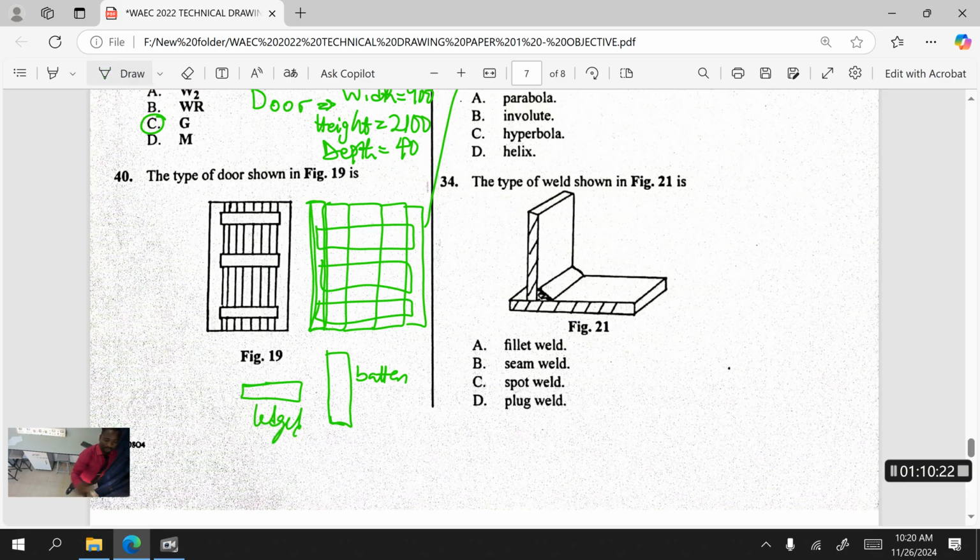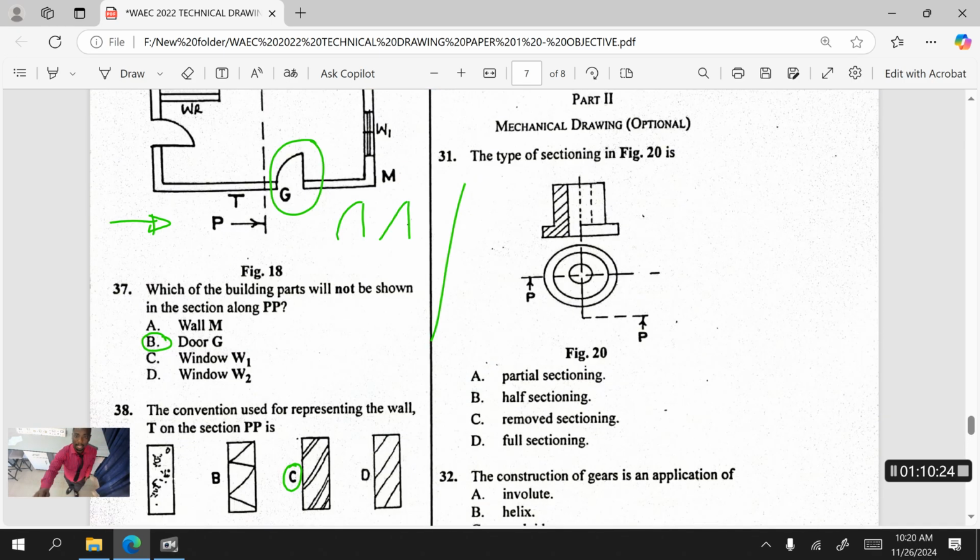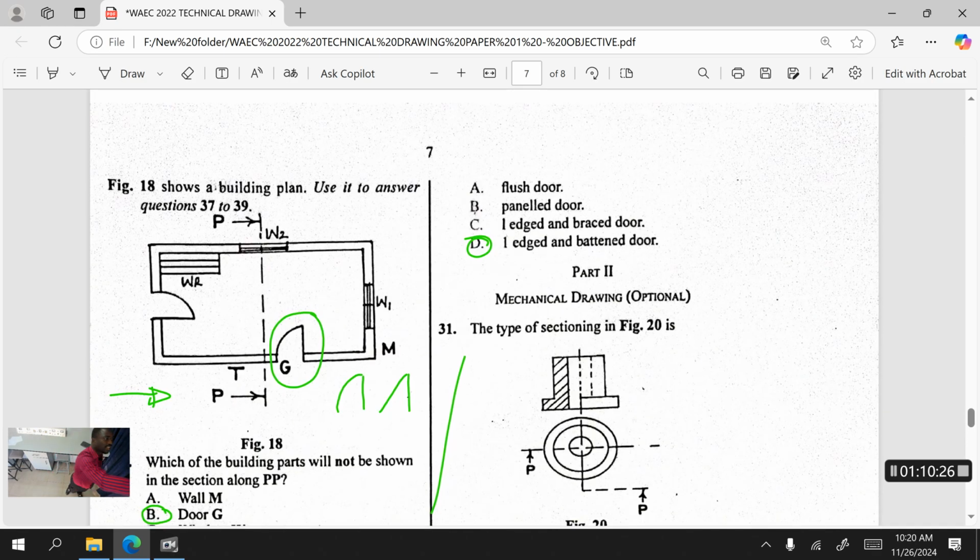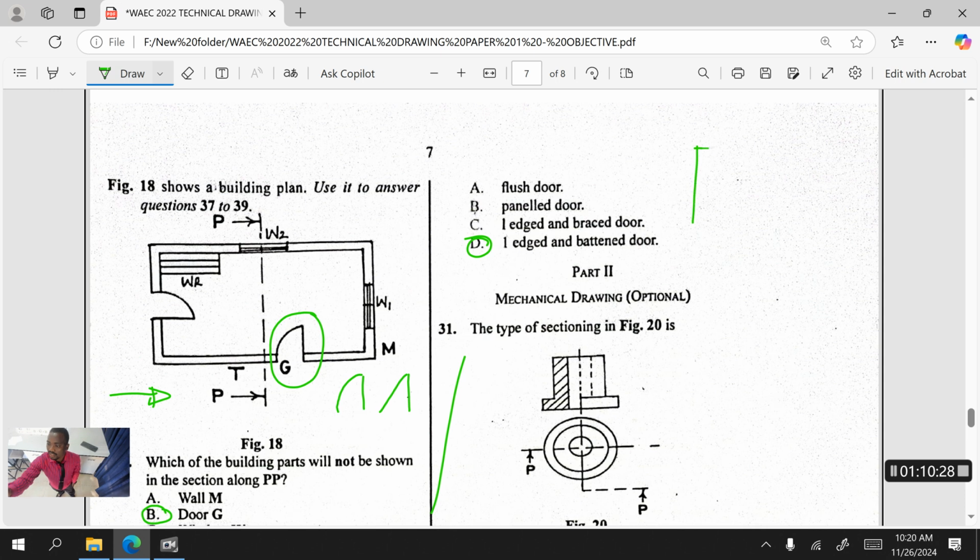So now let me explain the other types. If it is a flush door, it should just be a board like this. Flush, no design, nothing is being joined. It's one complete board. If it is panel, it is going to be like this.